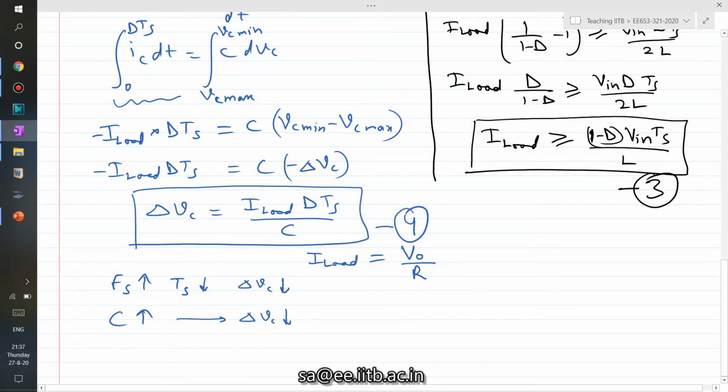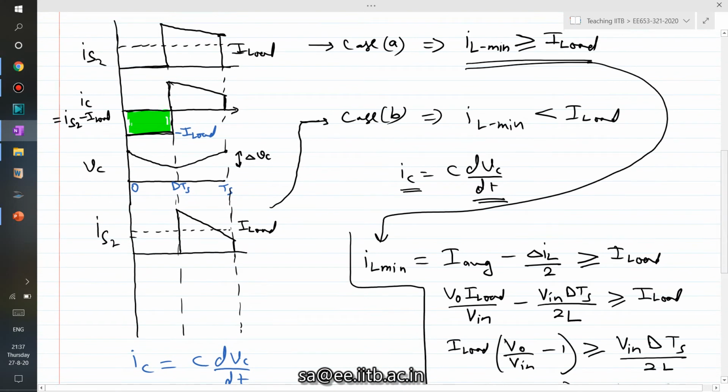Let's continue now and try to solve for case B. Let's just see what was case B. Case B was the case where the minimum point was lying below the average load current, right?